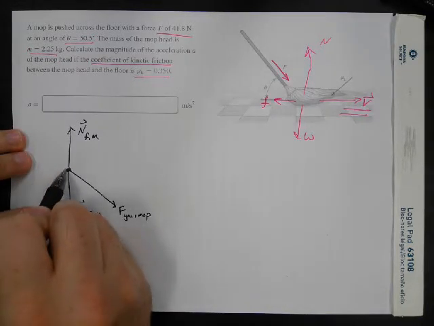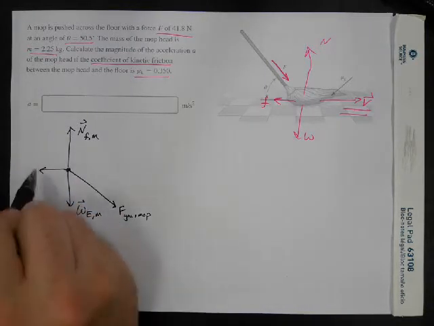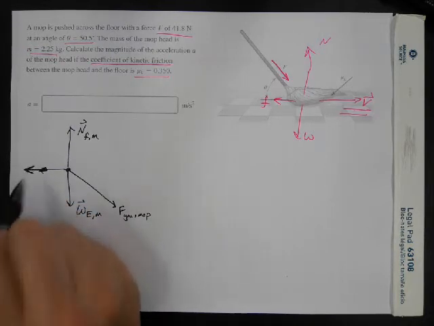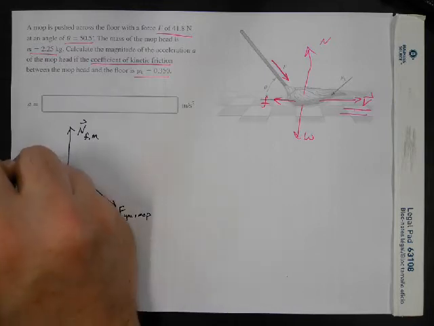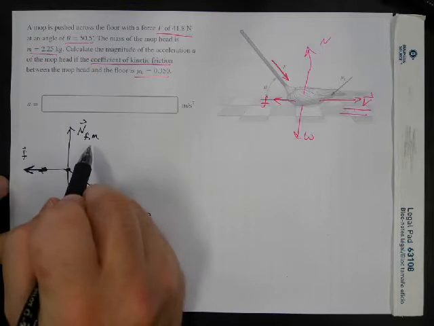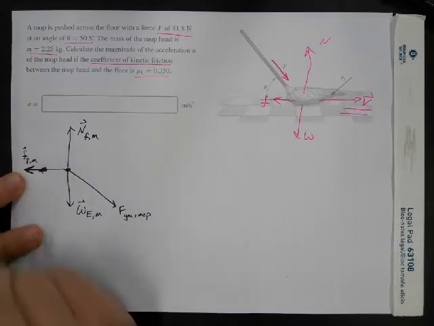And then there is something to balance this out. There we go. It is our frictional force. The friction force has to be caused by the same thing that causes the normal force, so it's the floor on the mop.